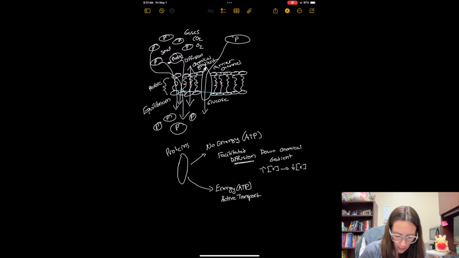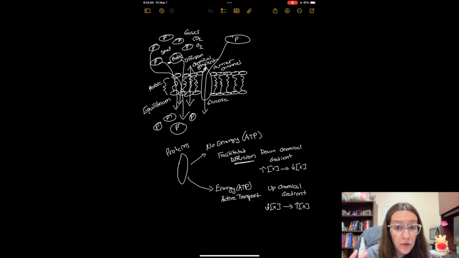And so it's going up its chemical gradient usually. And it's usually going from a low concentration to a high concentration. There are actually two forms of that active transport.